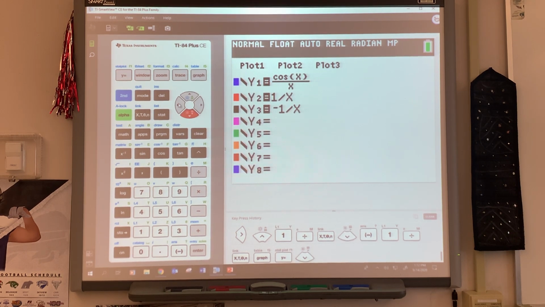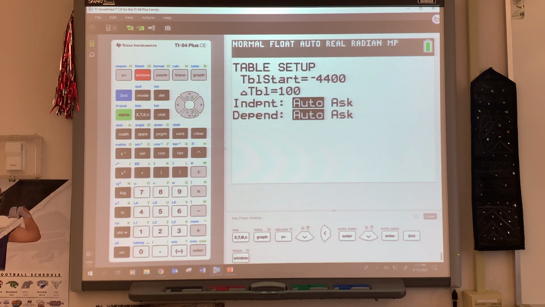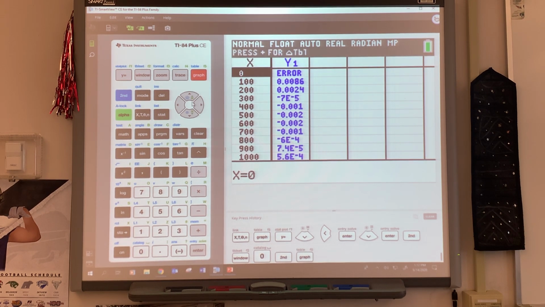It also asked us to look at this from a table perspective, so I'm going to set my table. I'm going to start at 0, but change by hundreds. So second table. All right, so I'll go up here.